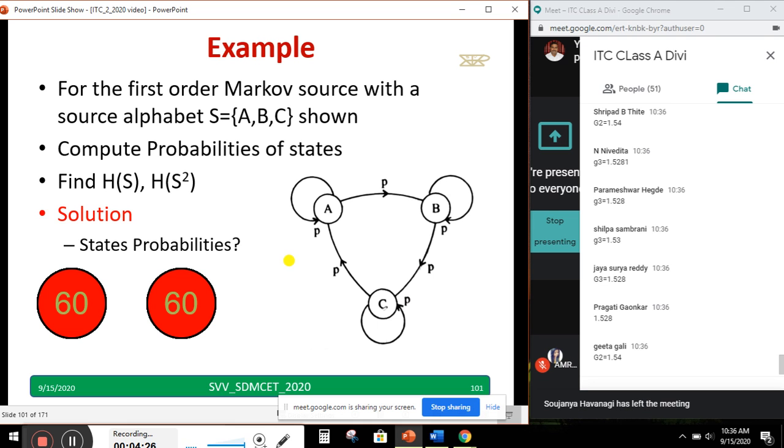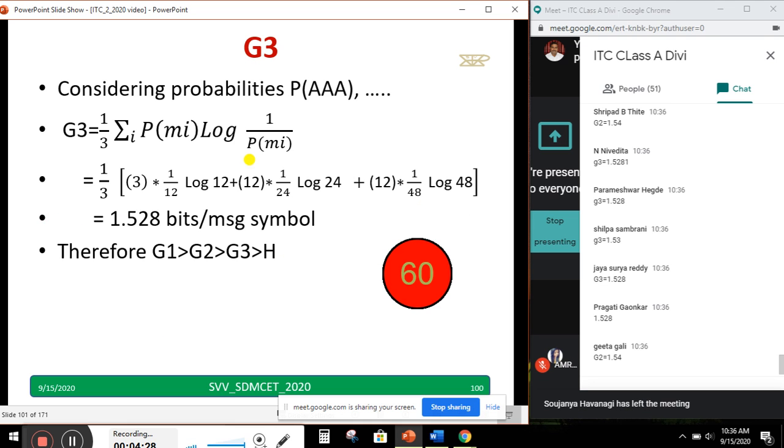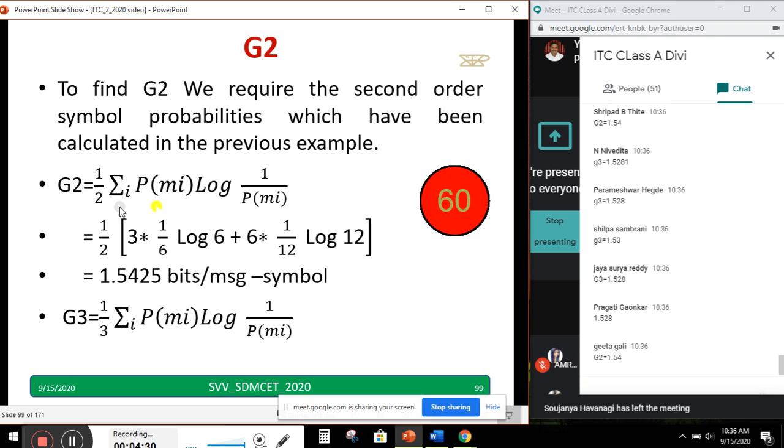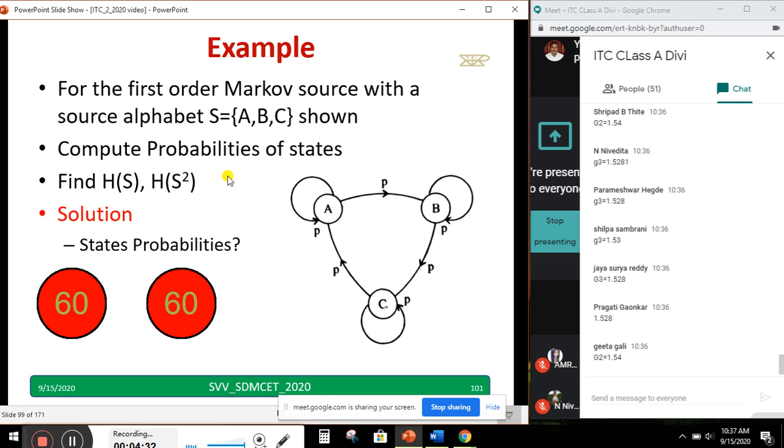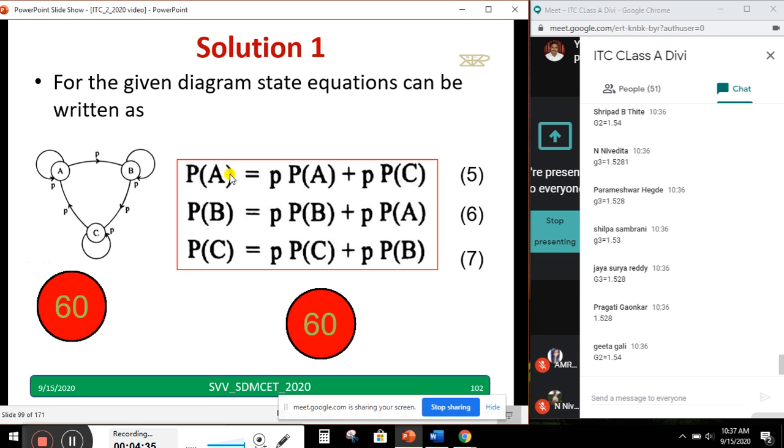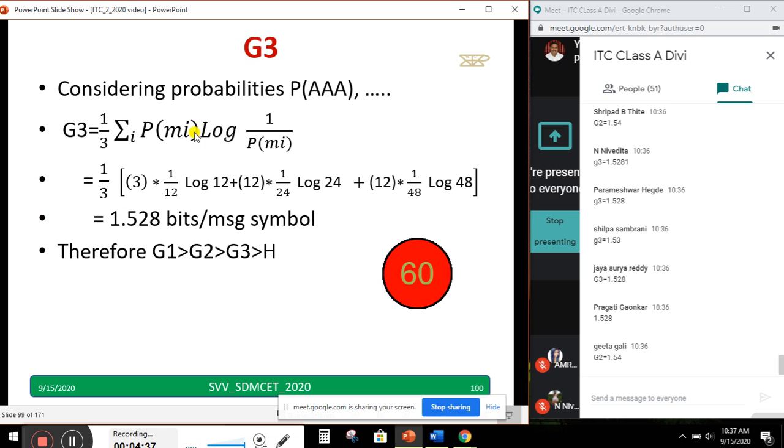Now, take this problem. Hope all of you understood how to find G1, G2, G3. And G3, we finished. So take this particular problem, you just copy down. I'll dictate also.